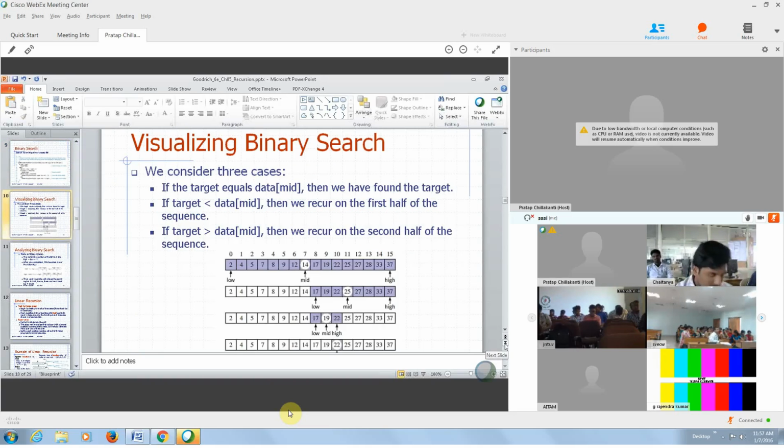Here is a visualization of the binary search. Okay, so you have a low, you have a high, you divide it, you're getting a midpoint. And then you have a key value. Remember, I talked about a key value, right? Then again, you apply the low and high. That is how it proceeds.